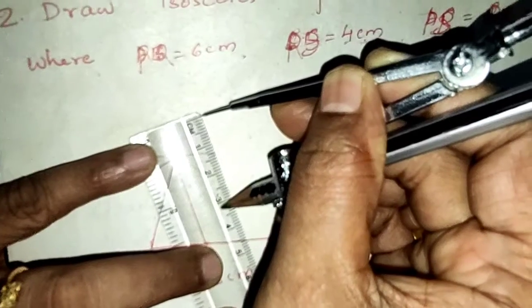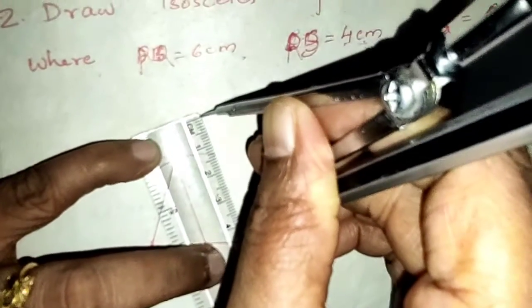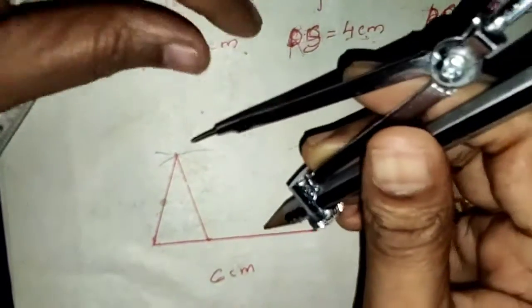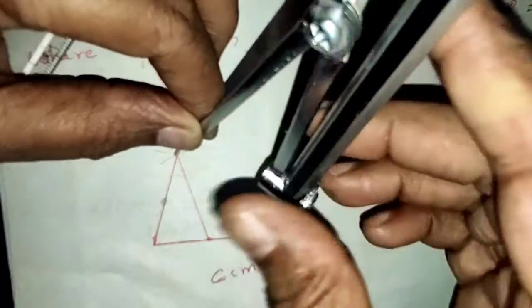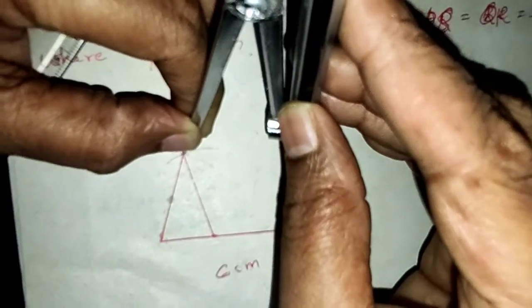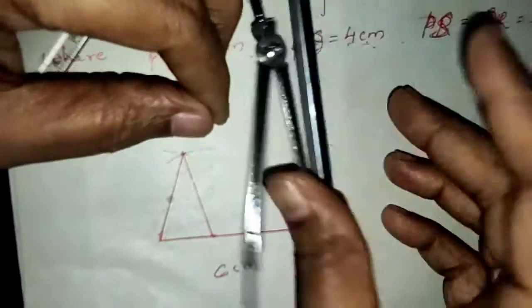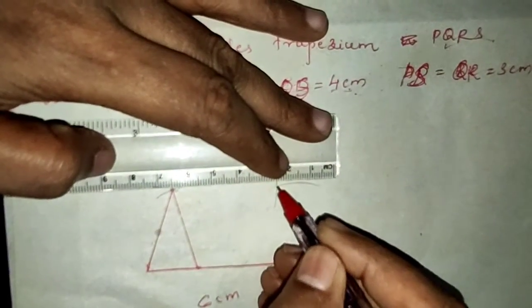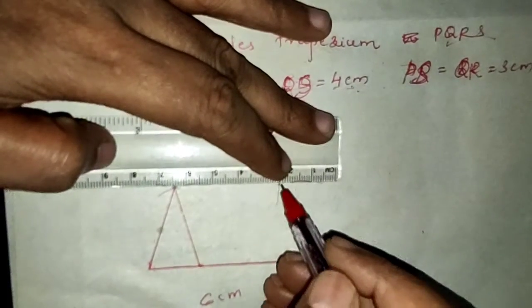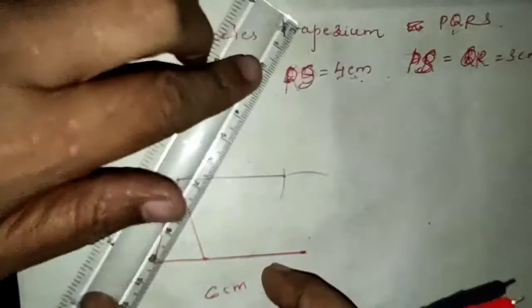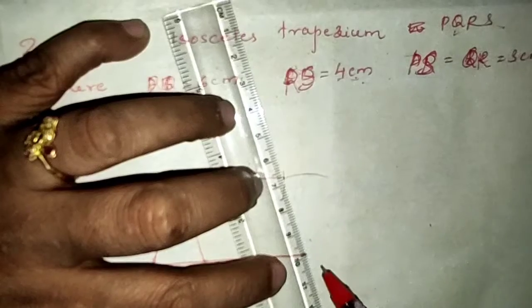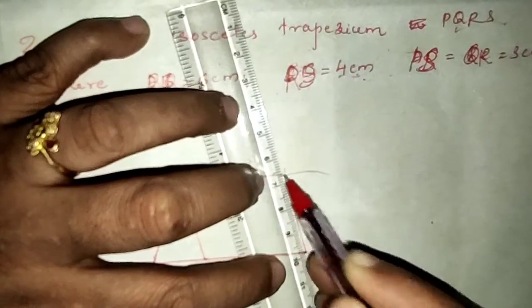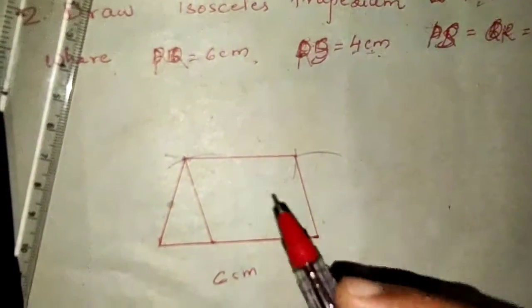Then measure 4 centimeter on your compass, just mark it and complete our figure. So this is our figure.